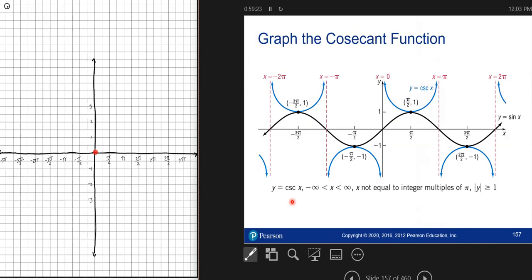When sine of 0 equals 0, that means the cosecant of 0 is undefined, because that's 1 over 0, which is undefined. Okay. Questions there?